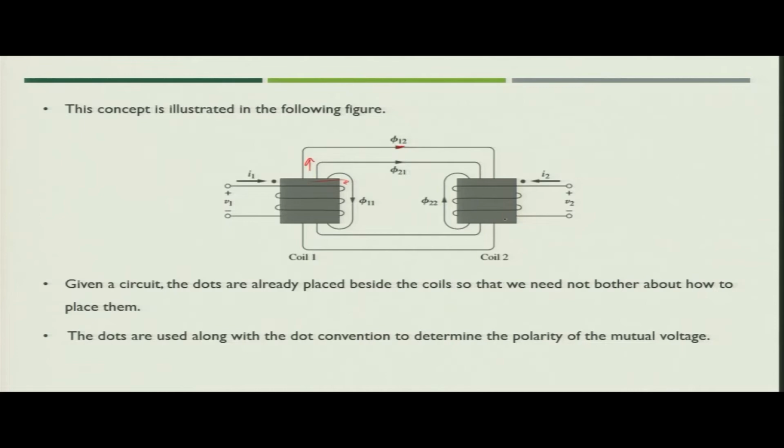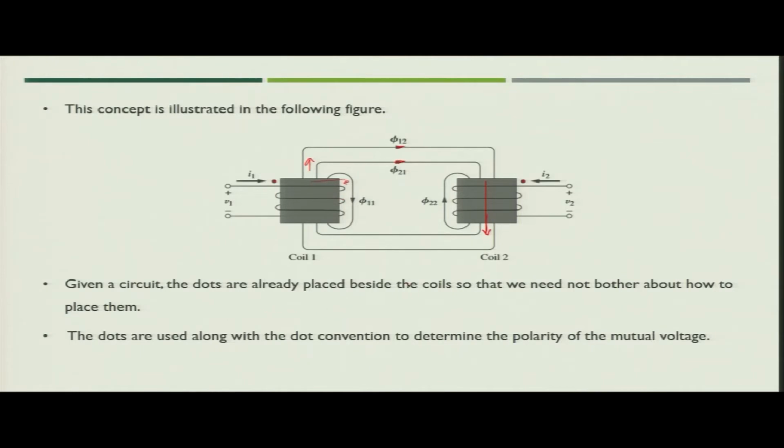Similarly, in coil 2, current is entering the dot, and the positive polarity of the voltage is where the dot is connected; here also the positive is where the dot is connected. When you place the right hand in a similar way as we did in this case, your thumb will be in the downward direction. So, again your phi 21 will link the first coil in the clockwise direction.